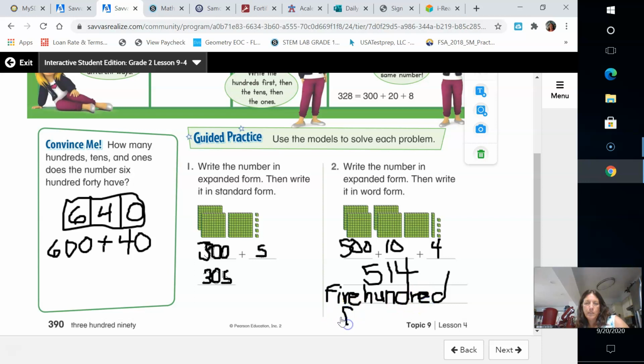I'm put 14 down here. Okay. Hope you guys write neater than me.